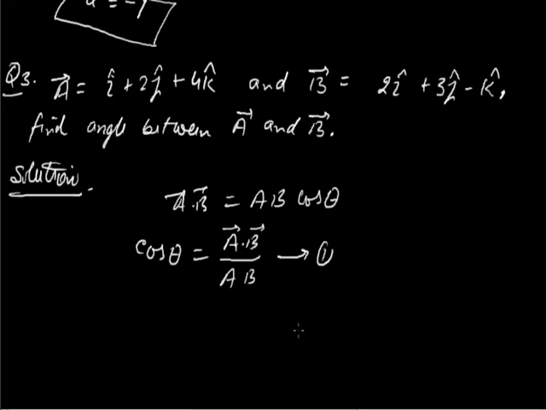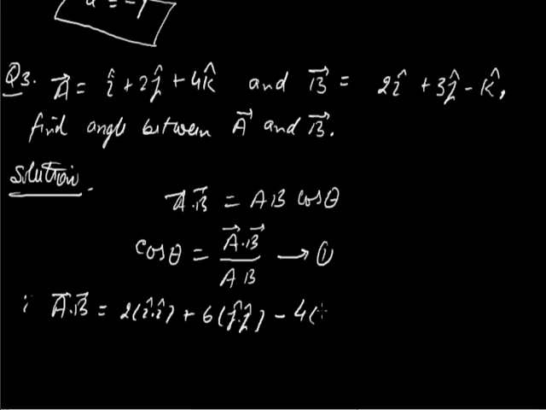First of all we will find the value of A dot B. A dot B is 2 into i dot i plus 6 into j dot j and minus 4 into k dot k. That will be 2 plus 6 minus 4, that's 4, means A dot B is 4.